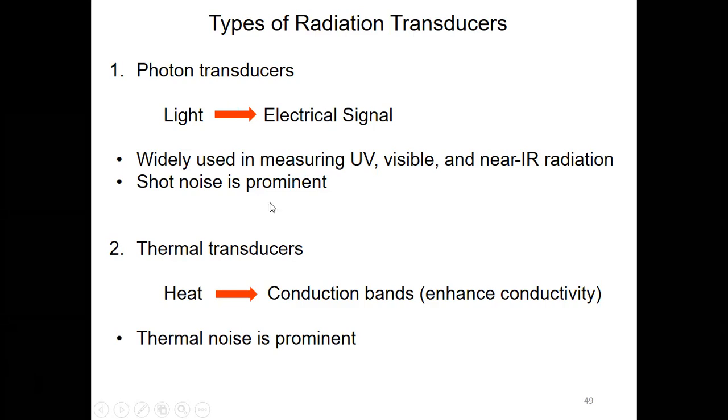Let's discuss briefly what are the examples for these two types of transducer. And here I was thinking to give you an assignment. I will briefly explain the types of transducers, examples of this transducer, and at the end I will explain what you have to do.